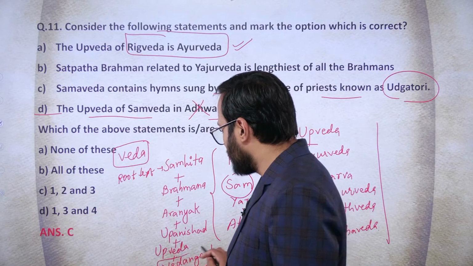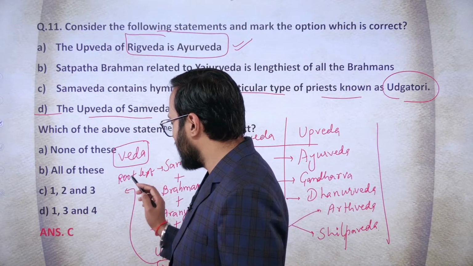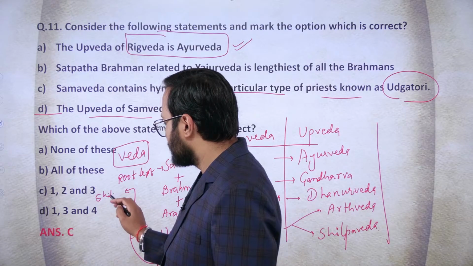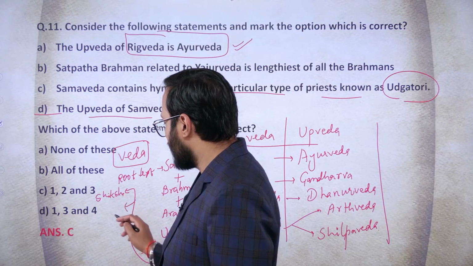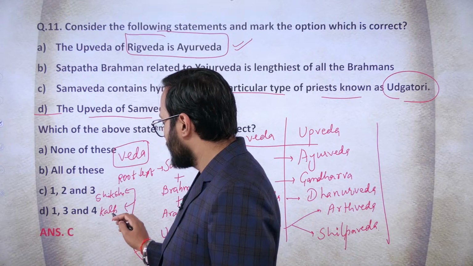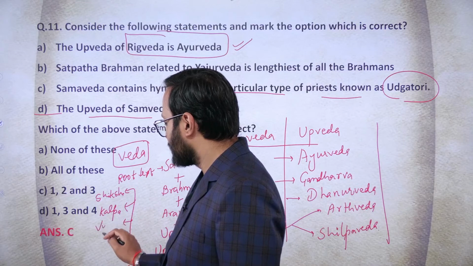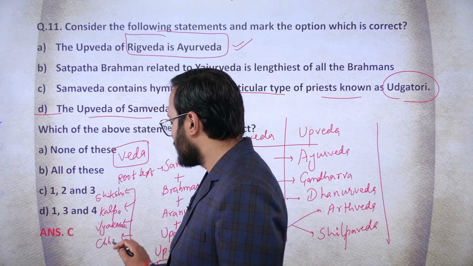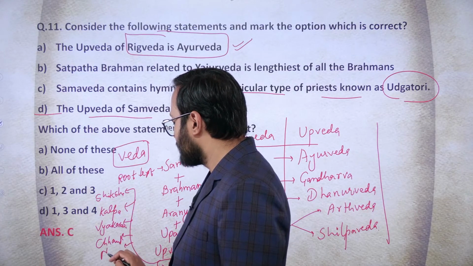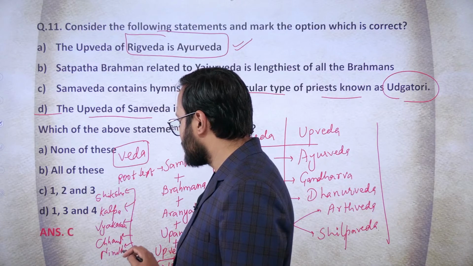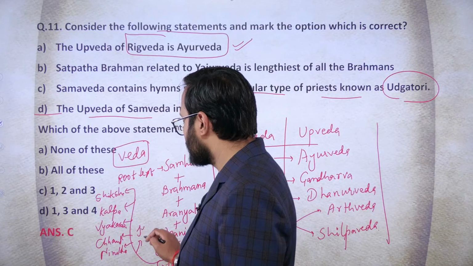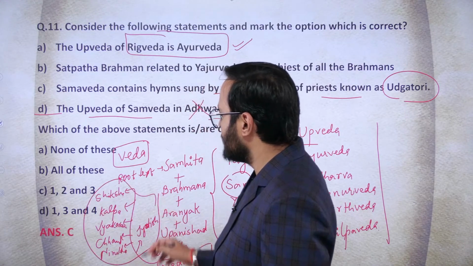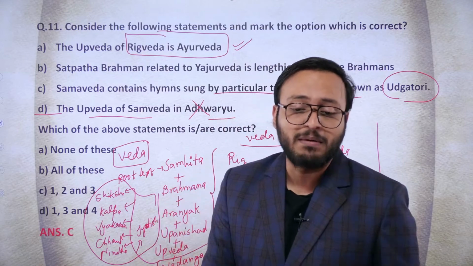Those who are not aware about the Vedangas, let me tell you, there are total 6 Vedangas, which are as following: Siksha, Kalp, Vyakaran, Chand, Nirukta, and Jyotish, okay. So these are very important terminologies that you must remember, remember that.